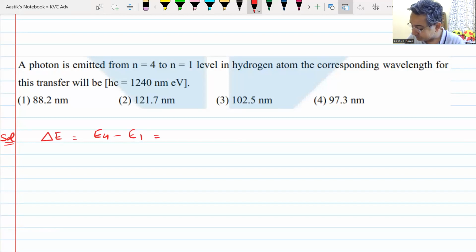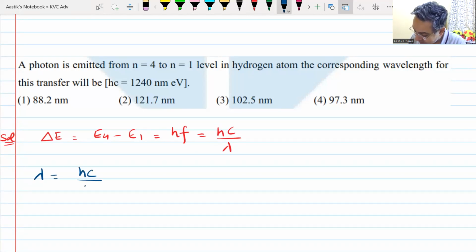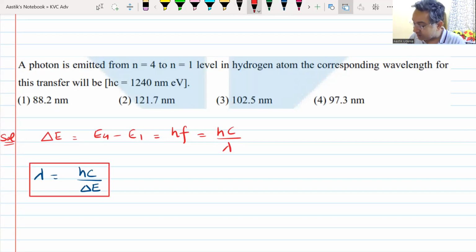That should be equal to h into f, and this h into f is h into c by lambda. Do we understand this? Yes, sir. So from here you can find this lambda, and remember this formula: this is hc divided by delta E.